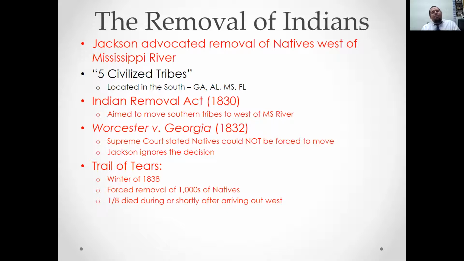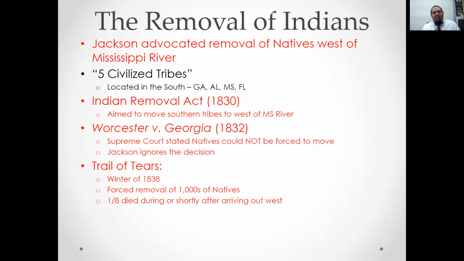So you have the Indian Removal Act of 1830, which was aimed to move Southern tribes to the west of the Mississippi. In the court case, we talked about this, Worcester versus Georgia, the Supreme Court stated that natives could not be forced to move. But President Jackson ignored the decision.